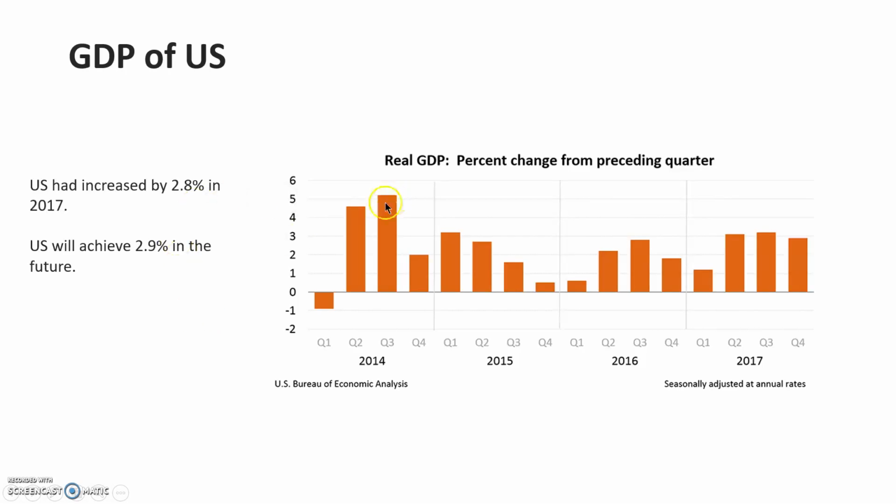But that's okay, because as we know, real GDP is always lower than nominal GDP. America's real GDP increased by 2.8% in 2017, and that number is much higher than Australia's GDP growth rate. We reckon that America's GDP growth will stay higher than Australia's in the next 3 months and will achieve 2.9% in the future.